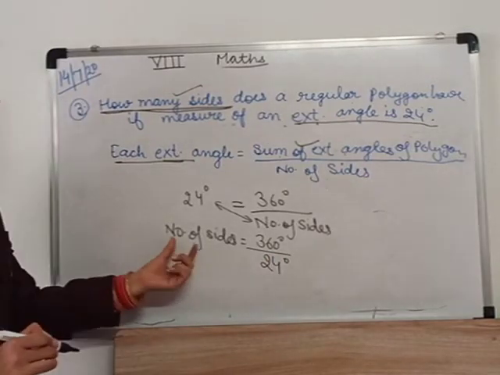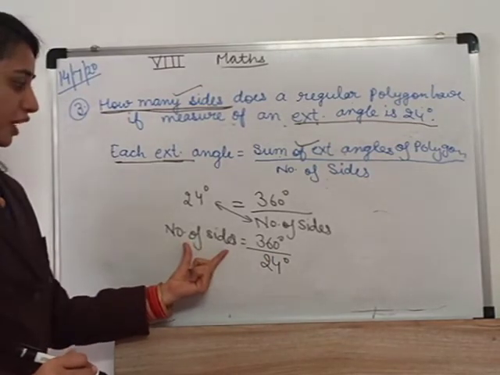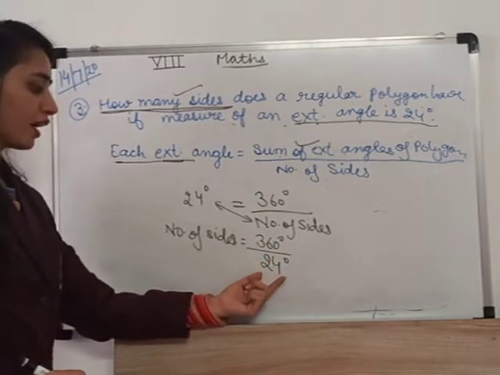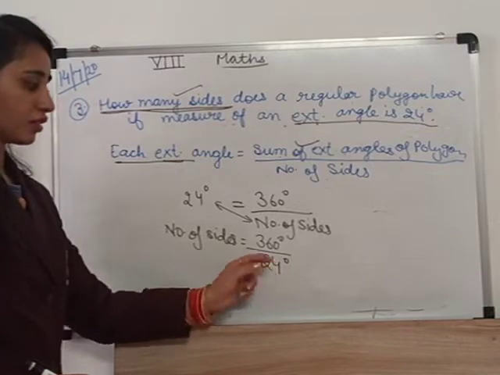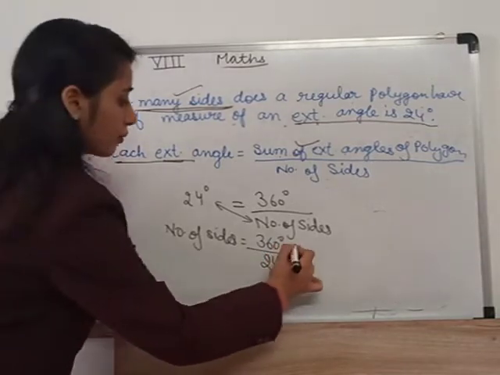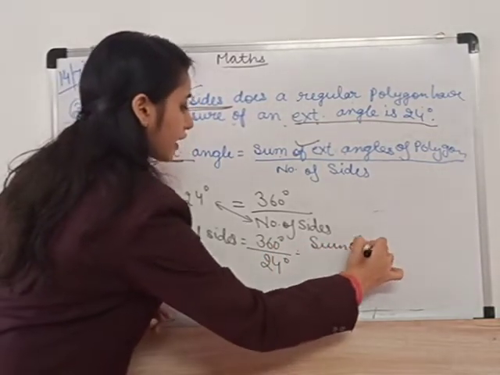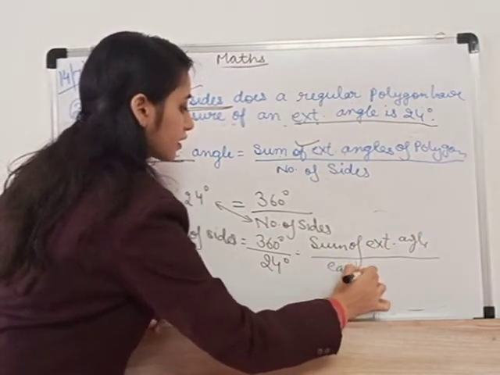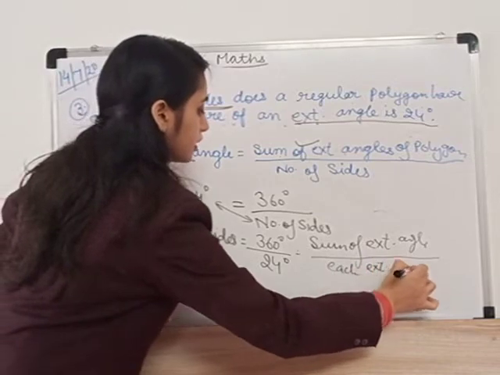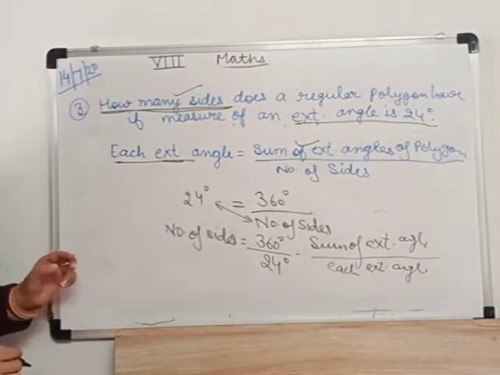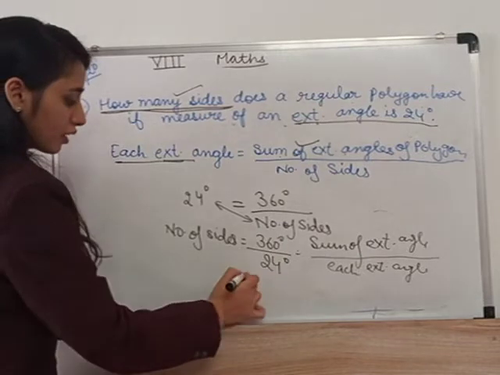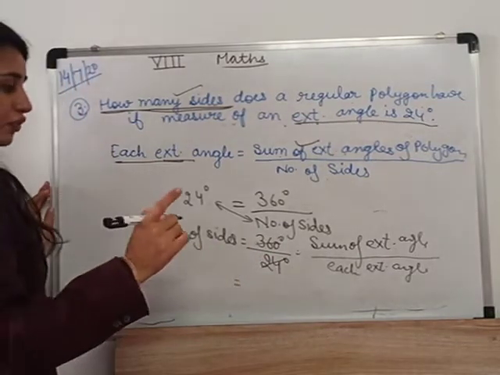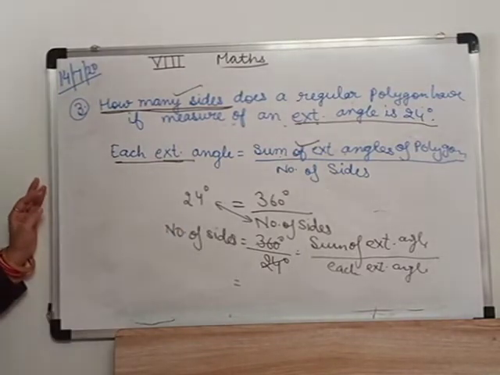Now what's the formula for the number of sides? Number of sides is equal to the sum of exterior angles of a polygon divided by each exterior angle. Now cut it. 24 ones are 24 and 24 fives are 120.